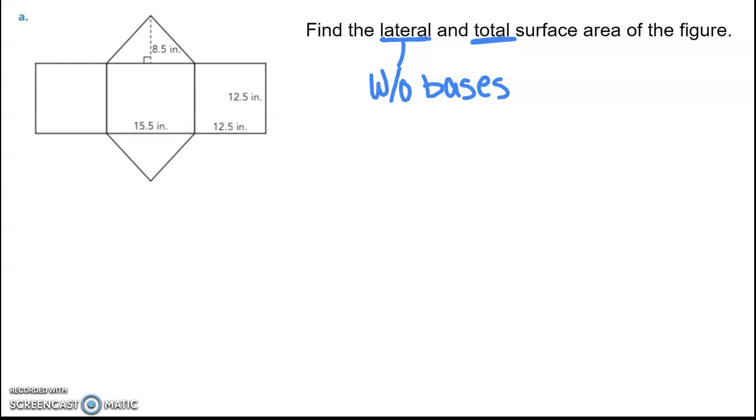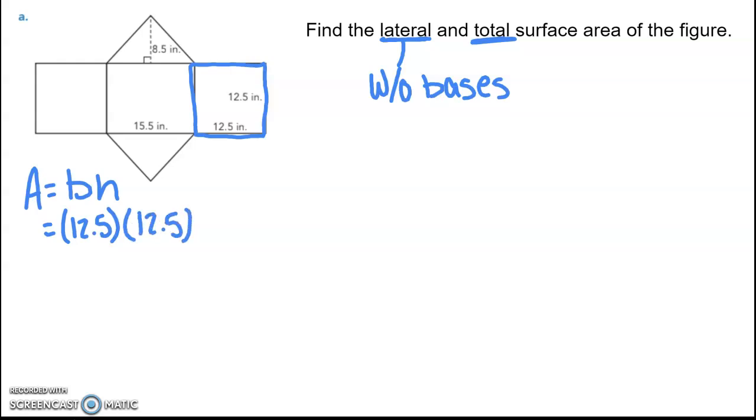I'm going to start by finding the area of each shape, just like I have been doing in the past, that we did for composite figures and we did yesterday. So I'm going to start with area equals base times height. I'm going to start with this outside square right here. I can see that the base is 12.5 and the height is also 12.5.